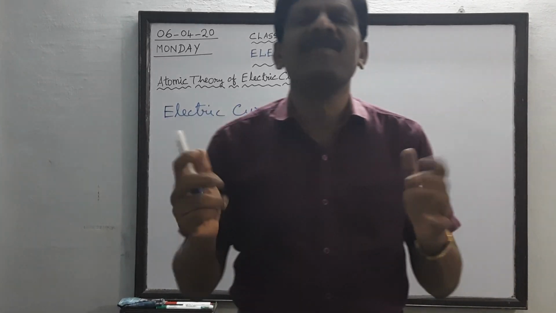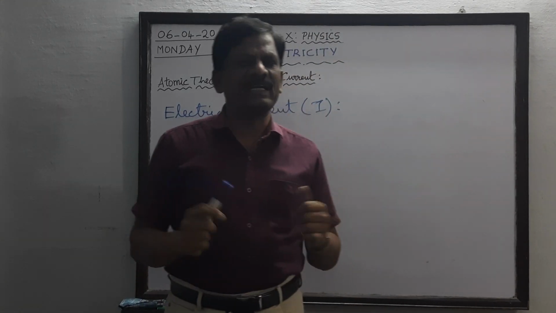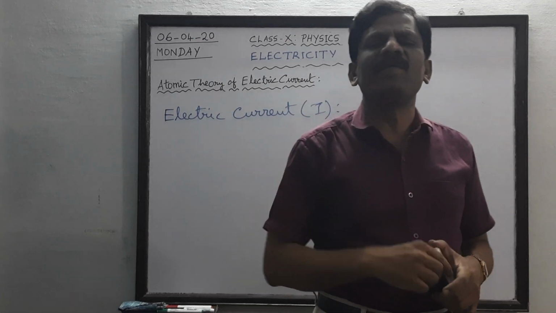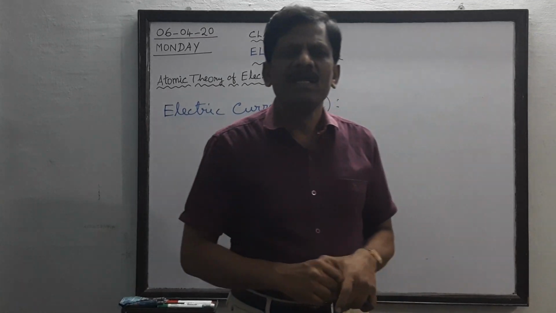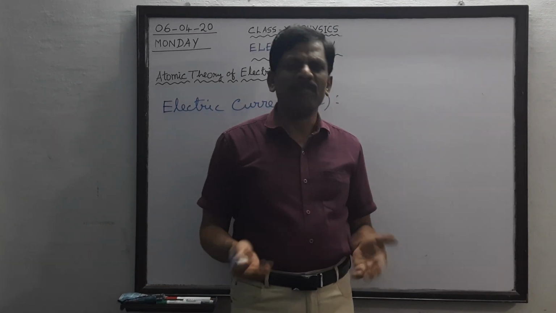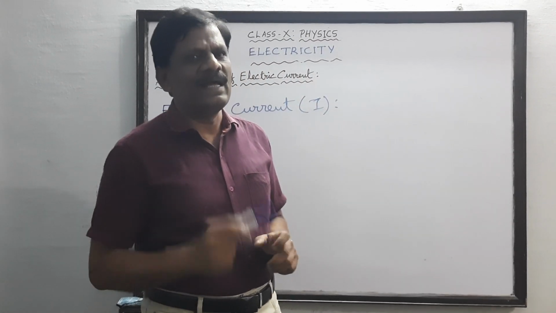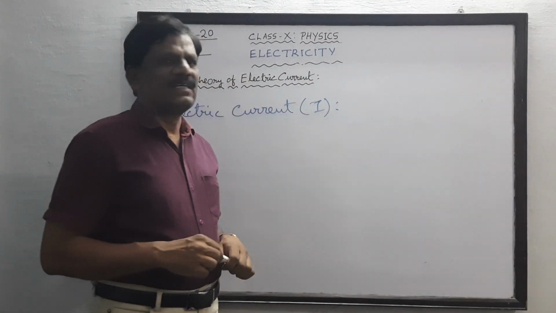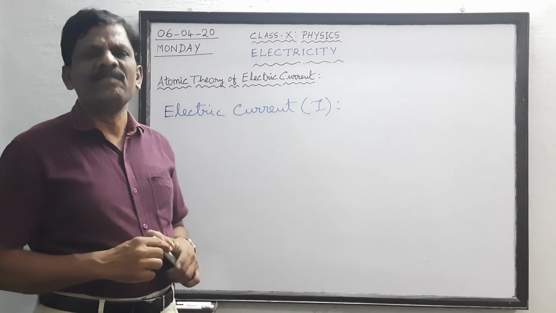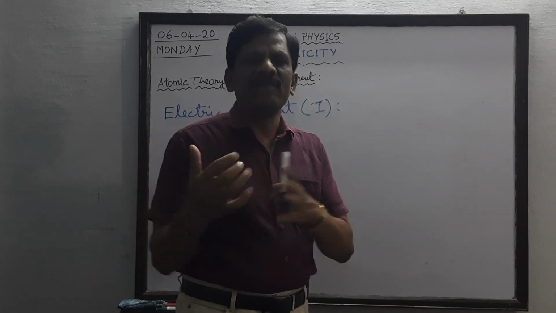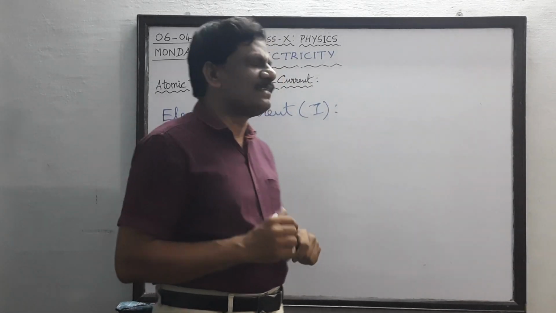A large time will be taken for the filling of the container. Suppose if you open the tap very widely, what will happen? Very quickly, the vessel will be completely filled. Yes, like that, what will happen if the electric charges, namely the free electrons, flow through the conductor slowly or very fast? Let us see.